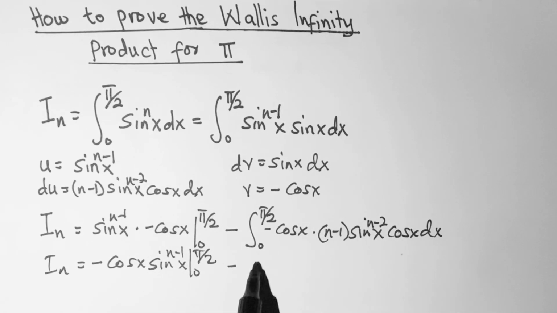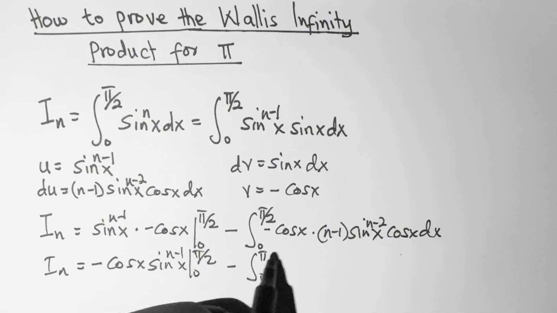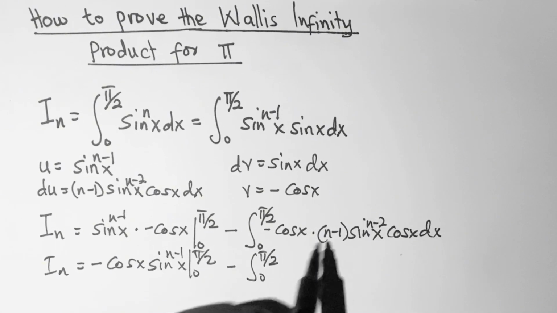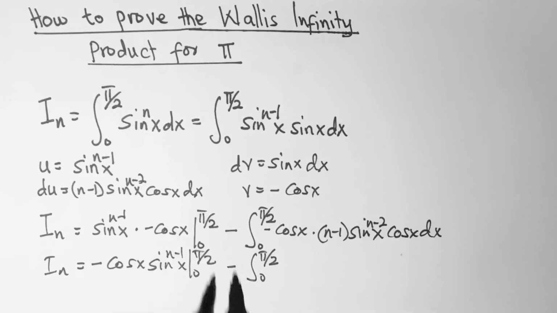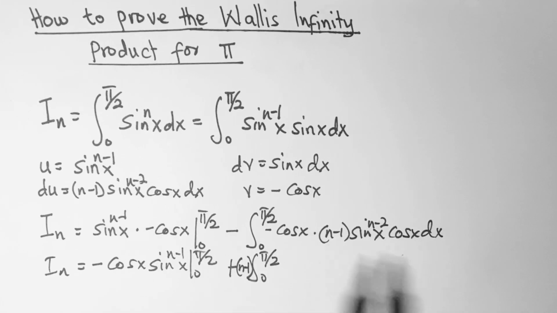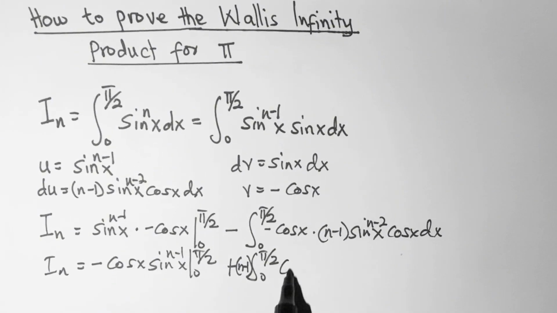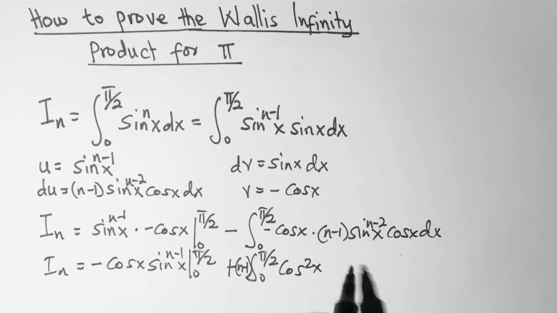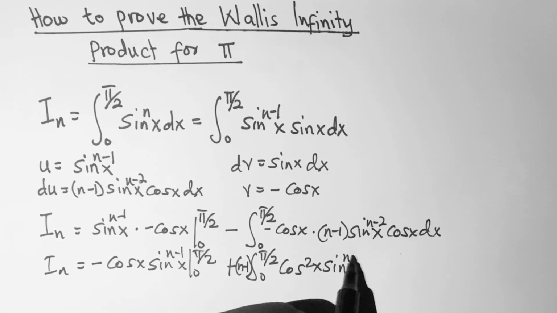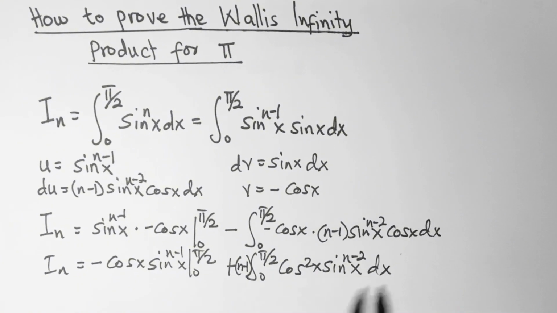Then at this side, we have the integral from 0 to pi on 2. Let's bring the constant out. Minus times minus will make plus, then the constant is n minus 1. Now you see that here's cos x, here's cos x, so it becomes cos squared x, and then times sine x exponent n minus 2 dx.